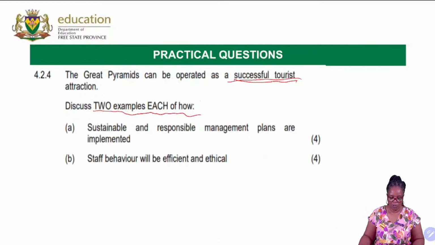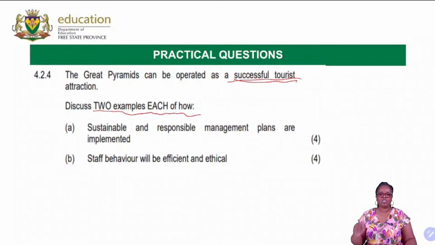And tourists can use horses and camels to travel around. That is sustainable tourism. And they can even use electric cars and electric bus tours. That is a sustainable and responsible management plan. So those are the things that they can do.